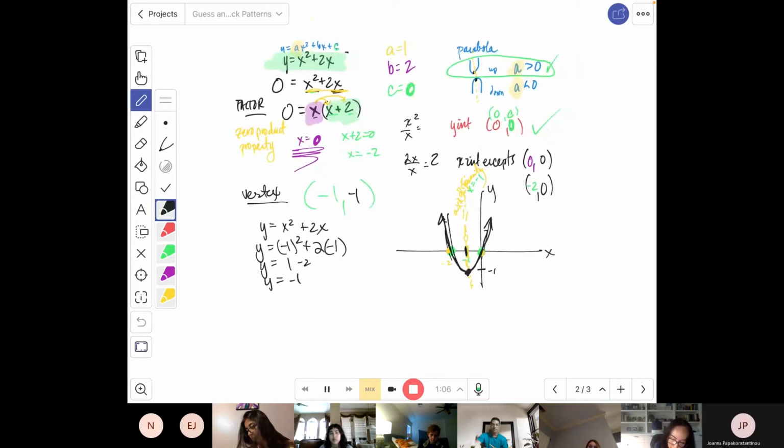If you are given the equation in this form and you can identify this information, A is 1, B is 2, in this case, C is 0, there is another way to find the vertex. To find the x value of the vertex, you evaluate -b over 2a. That's how you get the x value. So what is b? What did we say b was?